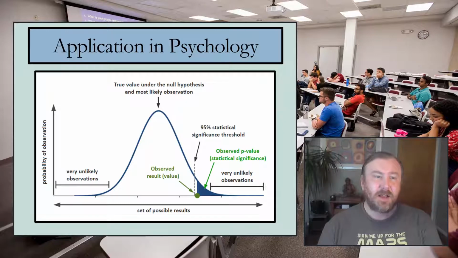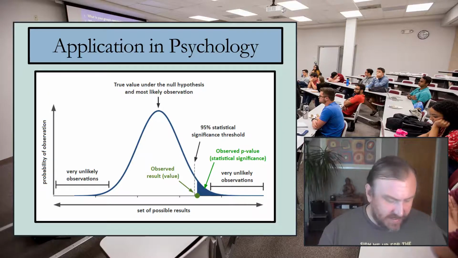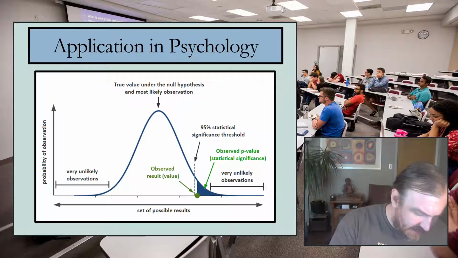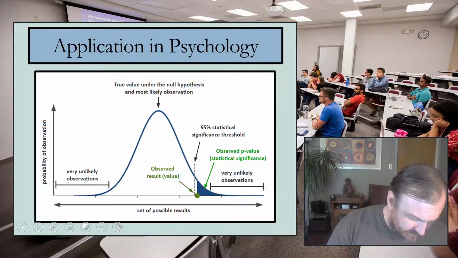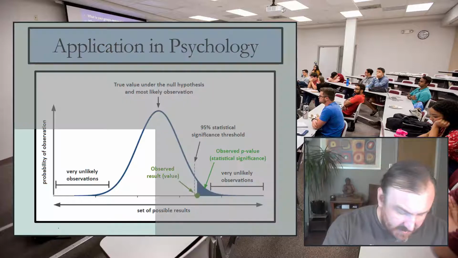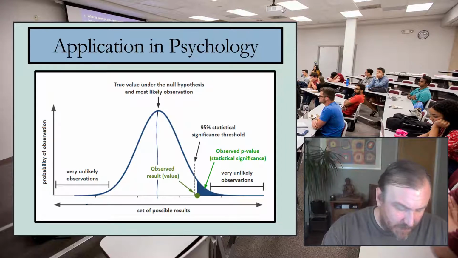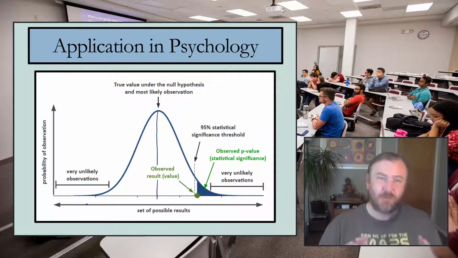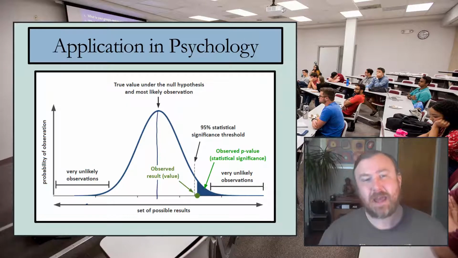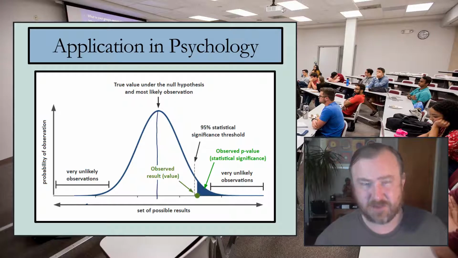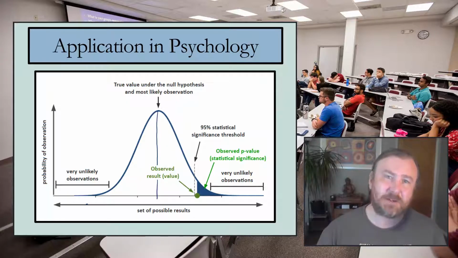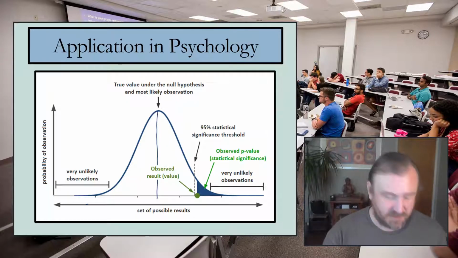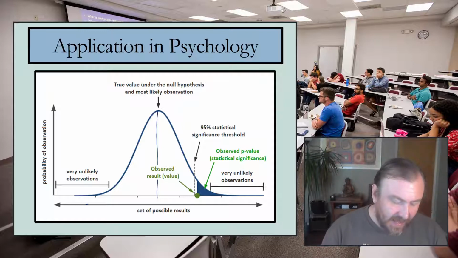Okay, so, again, we can look at our slide here, and we have this null hypothesis distribution, right? And we want to compare our sample to it. And so I'm going to try to reframe what we went over at the beginning of this class, where we're comparing a sample distribution to the null hypothesis distribution.